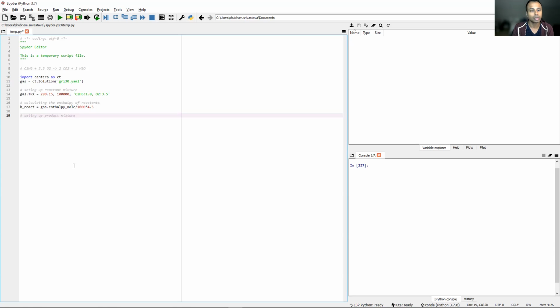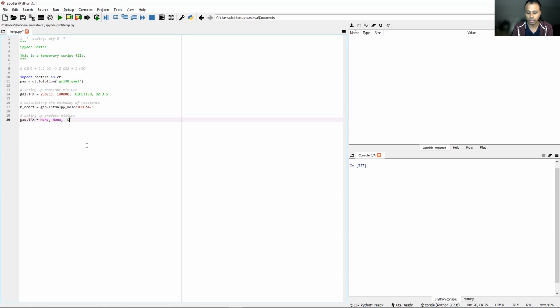Product mixture. Here, since the temperature and pressure stay the same because it's all standard conditions, we'll just write gas.TPX equals None because the temperature stays the same, None because the pressure stays the same, but the composition will change. Now, the product composition is this: 2 moles of CO2 plus 3 moles of H2O.